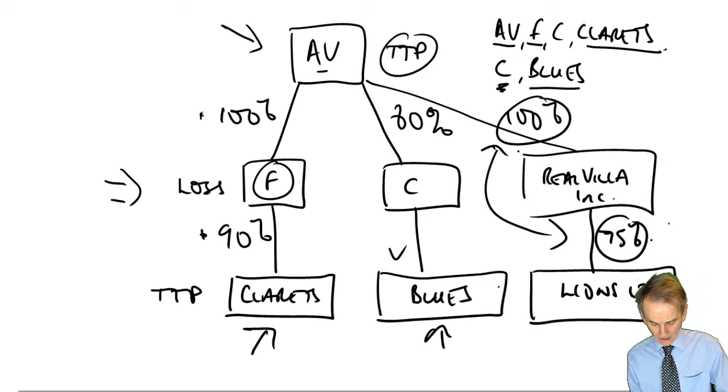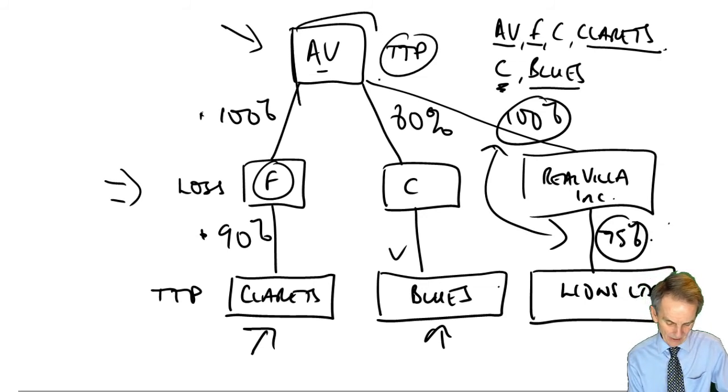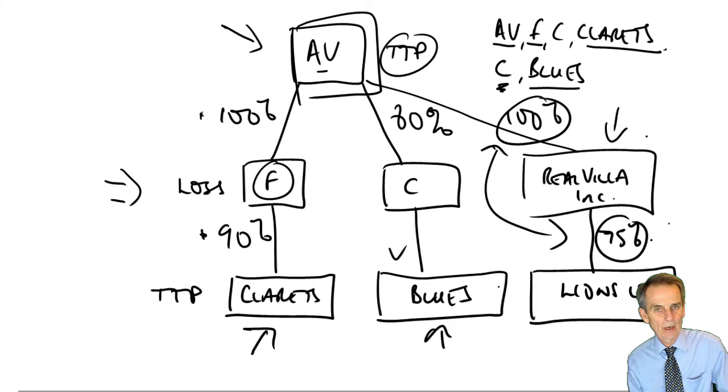So what it means is AV, principal parent company, through a non-UK resident wholly owned subsidiary company, Real Villa Inc., has an effective 75% interest shareholding in a UK resident company.